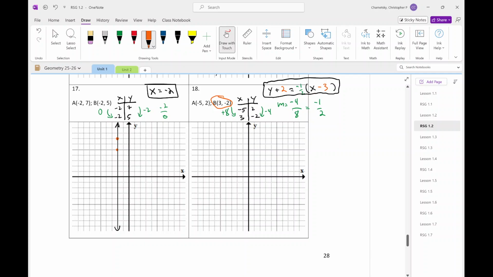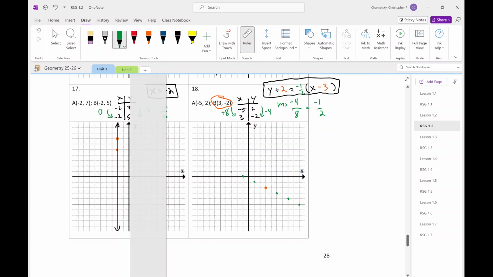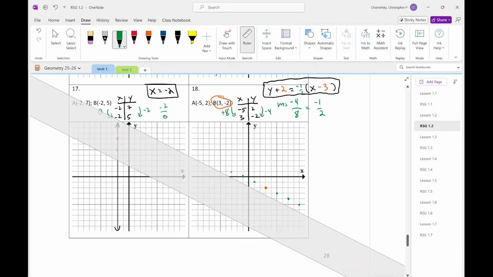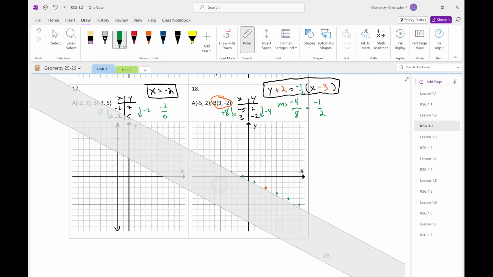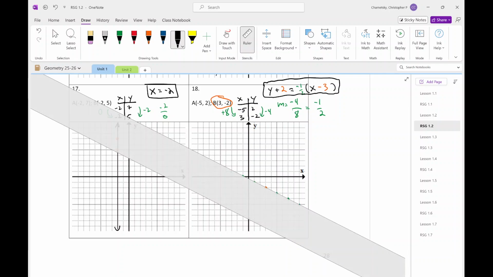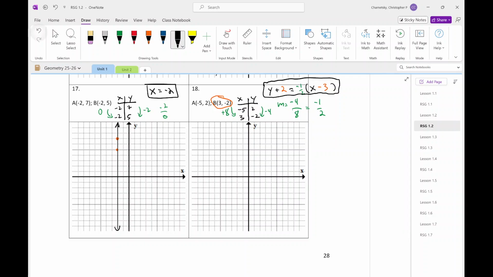So 3, negative 2 is right here. And we have a slope of negative 1/2. Oops. There we go. All right.